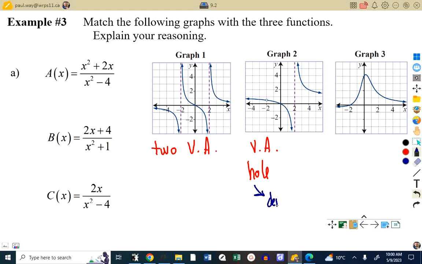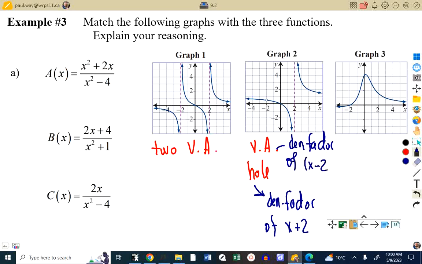We need a denominator factor of, I don't know that you need to write this down, but I'm going to, of x plus 2, right? Because the hole is at negative 2. If there's a vertical asymptote at positive 2, we need a denominator factor of x minus 2. In other words, we have non-permissible values of 2 and negative 2.